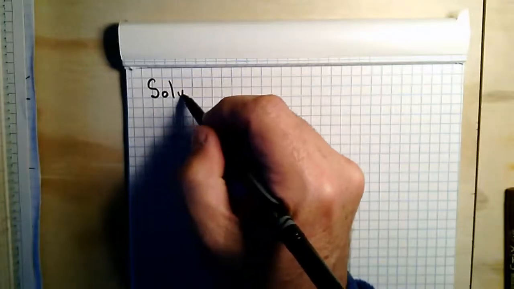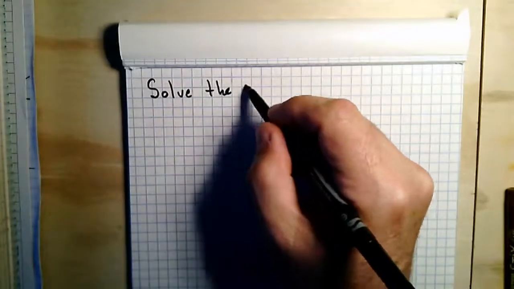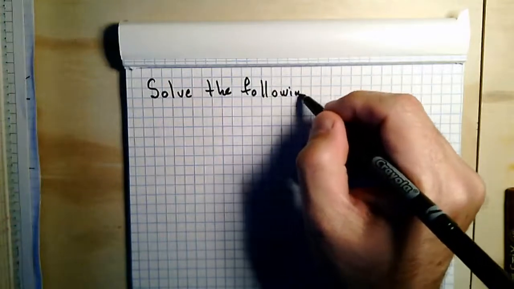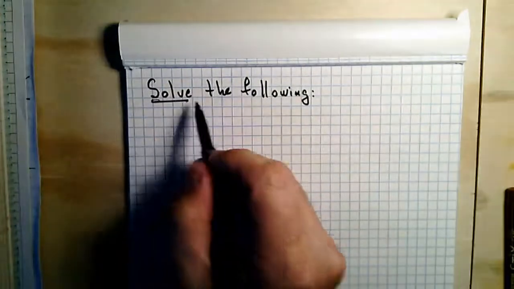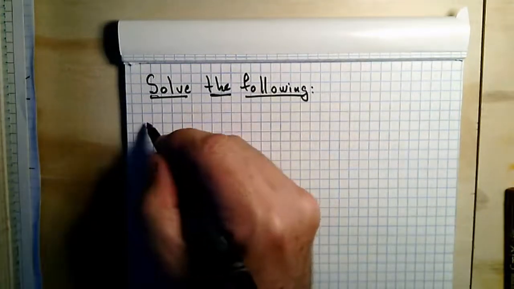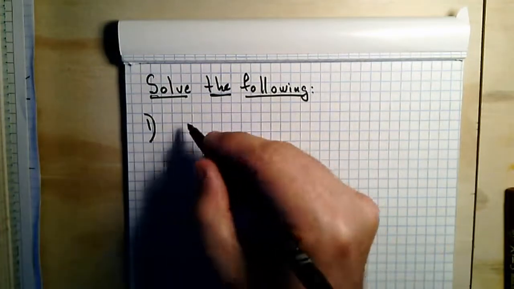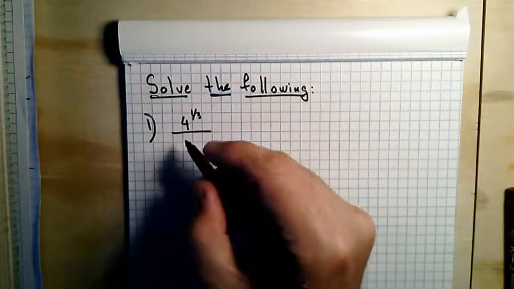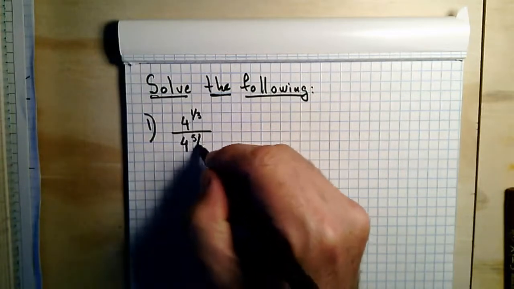Solve the following. My recommendation is later you can go and recheck the properties. Problem number 1: we have 4 to the power of 1/3 divided by 4 to the 5/6.